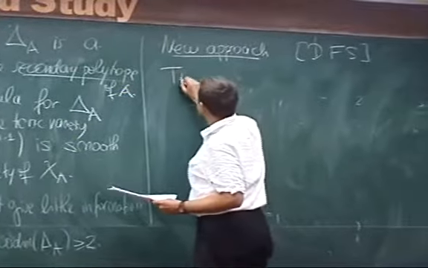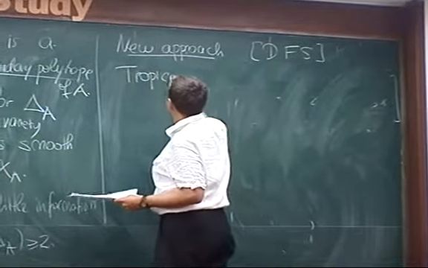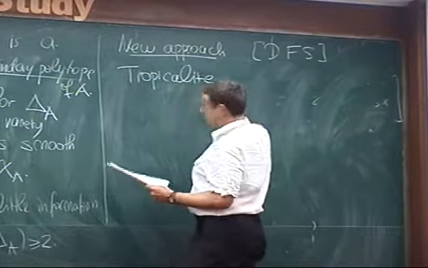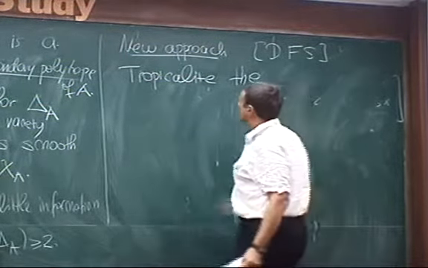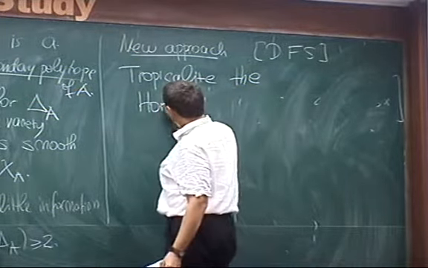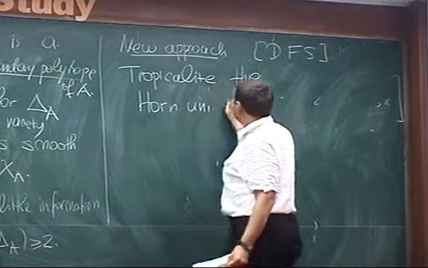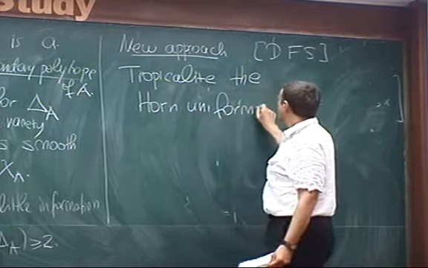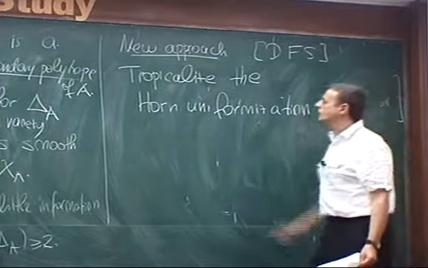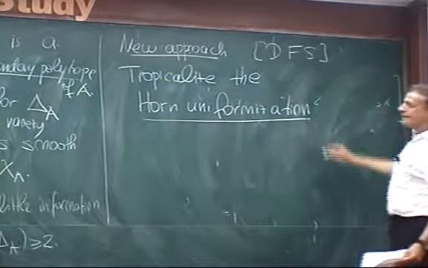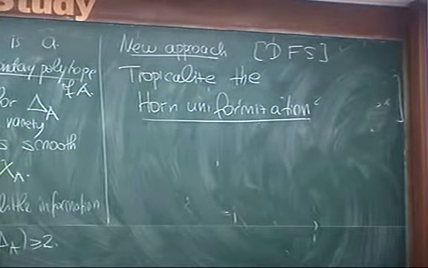It's based on the idea that we can tropicalize a certain morphism. And this morphism is a beautiful map. It's called the Horn uniformization. The so-called Horn uniformization. So this is a parametric description of the discriminant.